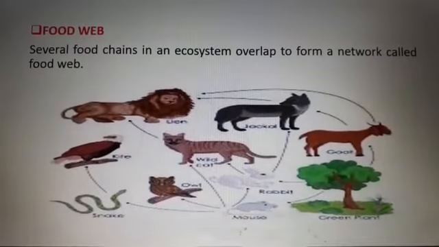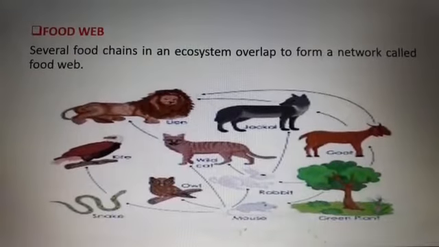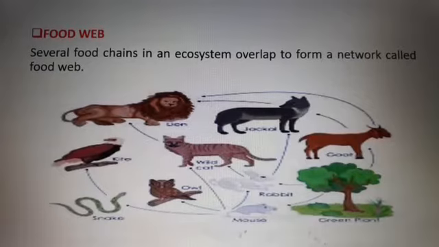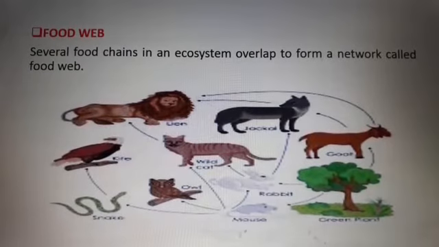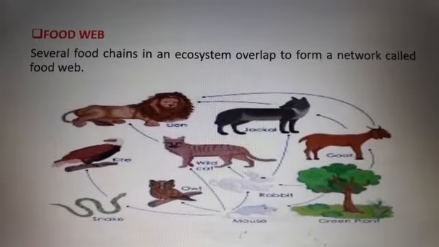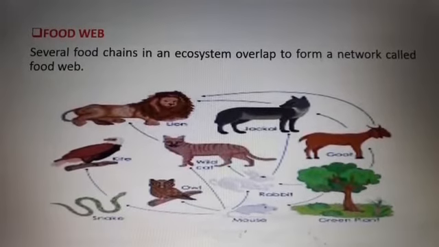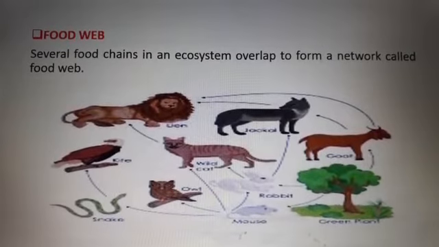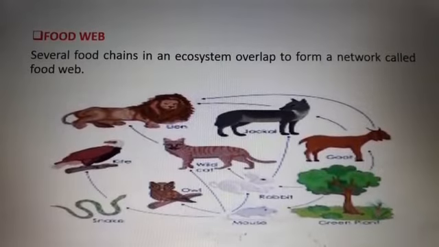Next category is of the food web. Several food chains in an ecosystem overlap to form a network, and this network is called food web. In this picture you can see 3 to 4 food chains are overlapping, like green plants are eaten by the rabbit, and rabbit is eaten by the wildcat, and wildcat is further eaten by the lion.